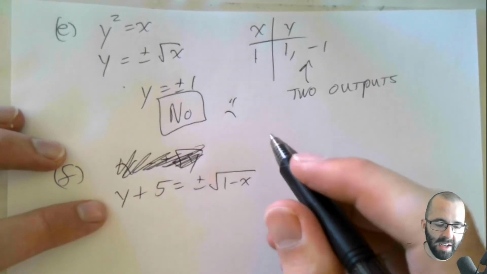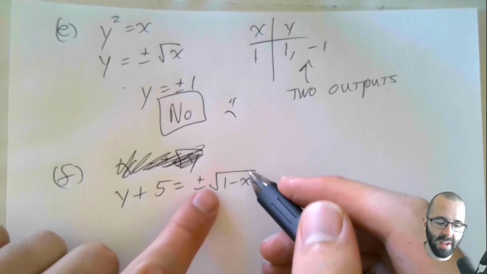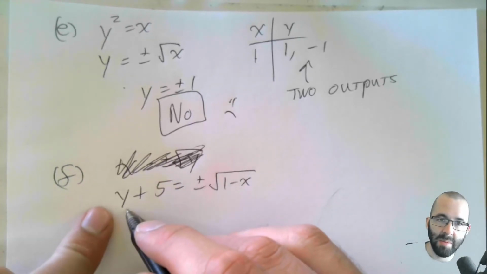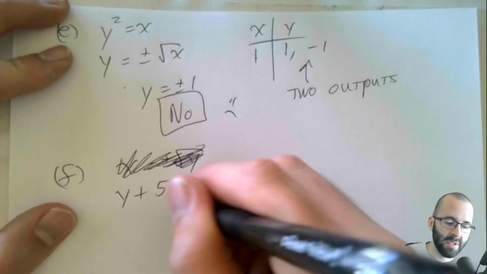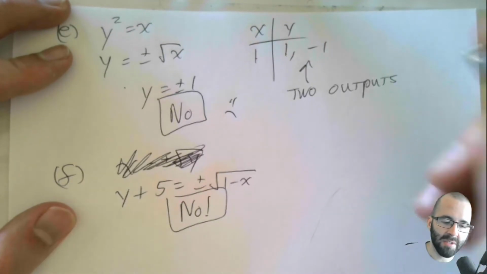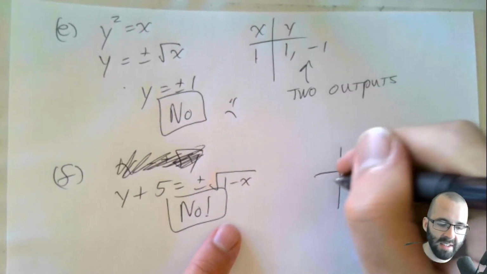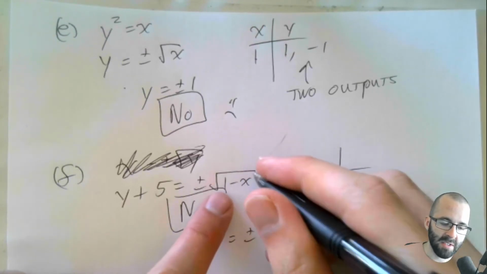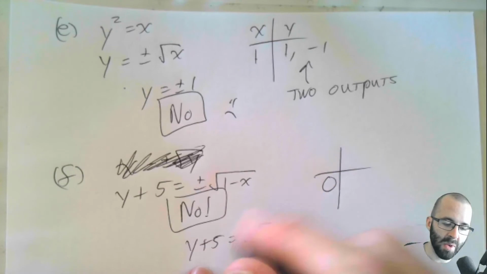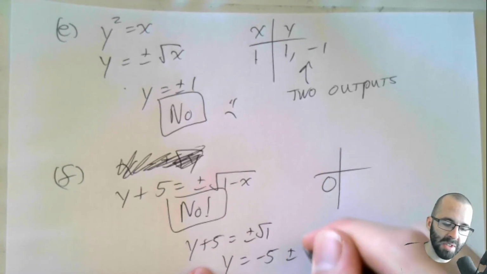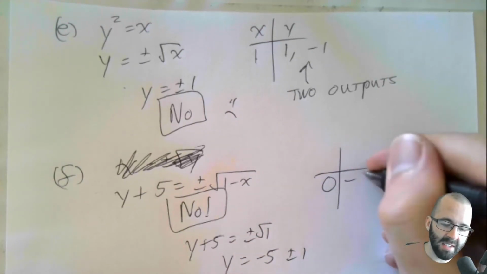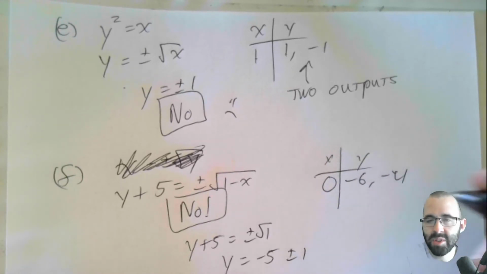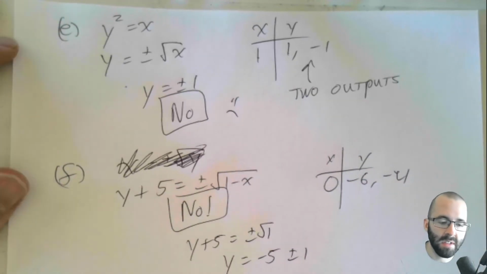Again, when you see that plus or minus having to do with the x's, that's usually going to mean that it's not a function. For example, if x is 0, then we get y plus 5 equals plus or minus the square root of 1 minus 0, square root of 1, or just y equals negative 5 plus or minus 1. That's negative 6 and negative 4. So again, multiple outputs. It's not a function.